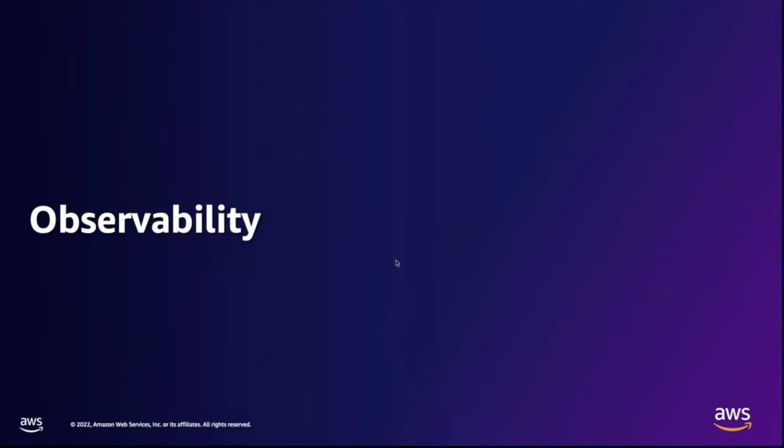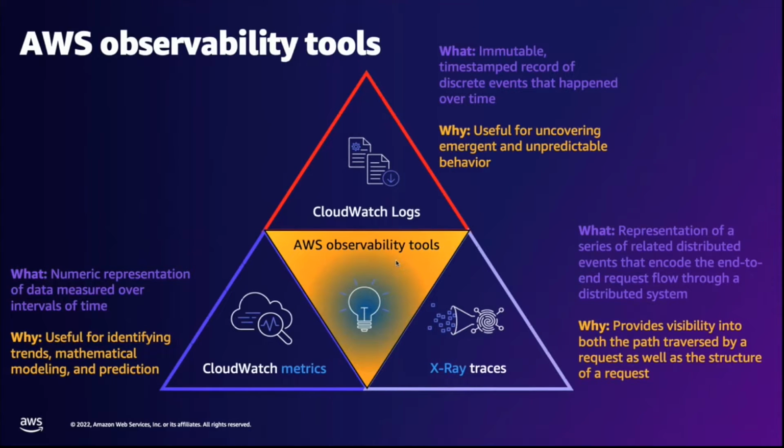As a next step, observability. This is also an important piece of security: monitoring your overall environment. There are the most common solutions: CloudWatch logs, CloudWatch metrics, and X-Ray traces.